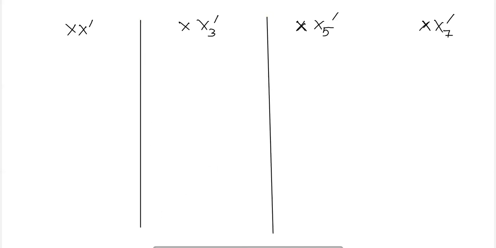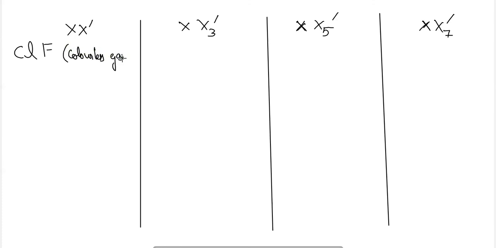Let's see the examples here. For XX', it will be ClF, chlorine fluoride, which is a colorless gas. Bromine fluoride is a pale brown colored gas.